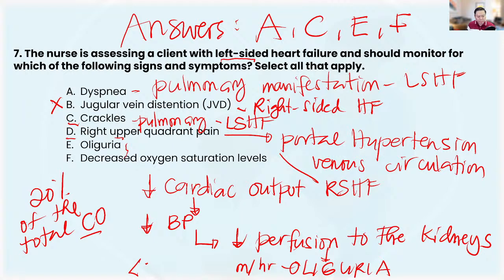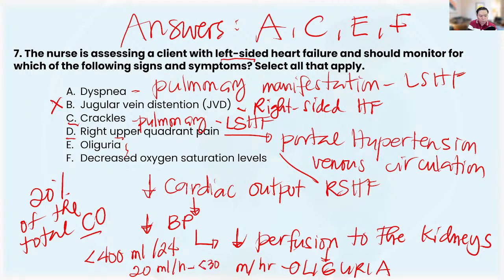To be specific about the oliguria, it will be less than 400 mLs per 24 hours, or could be 20 mLs per hour, up to less than 30 cc's per hour.